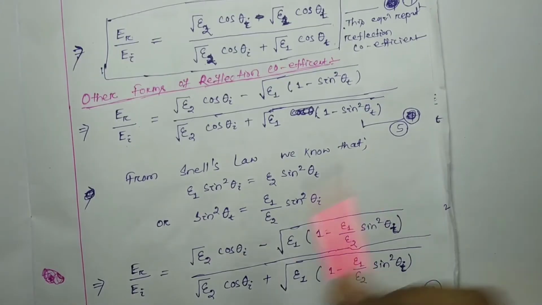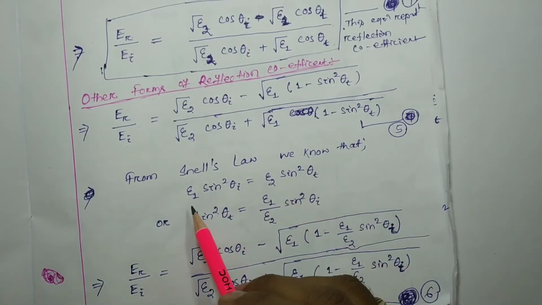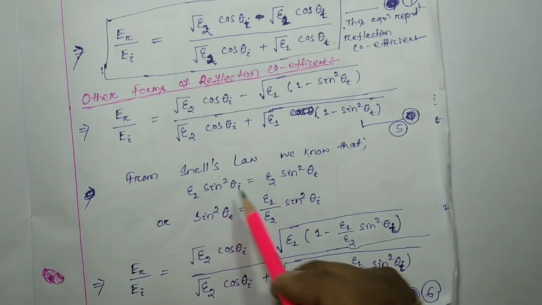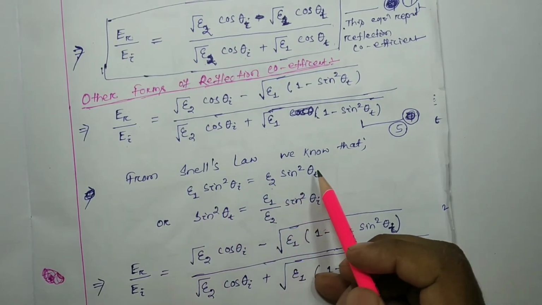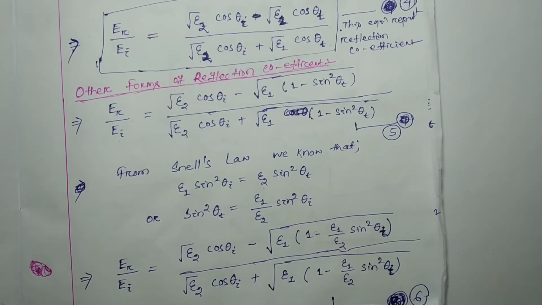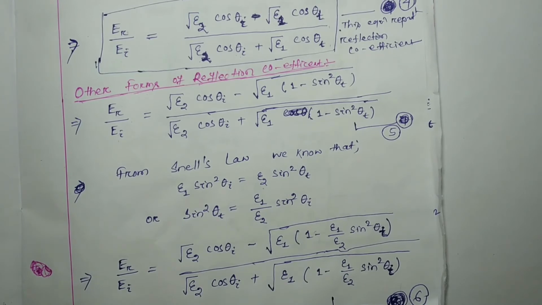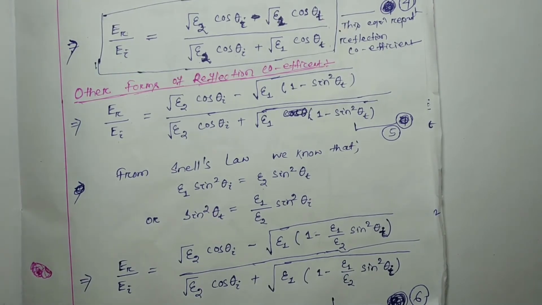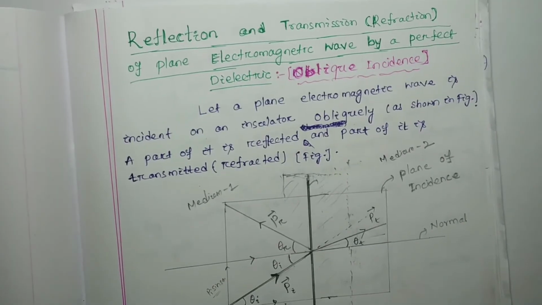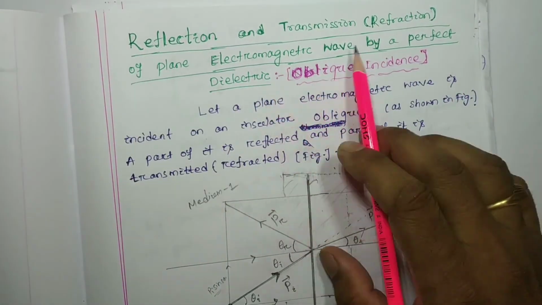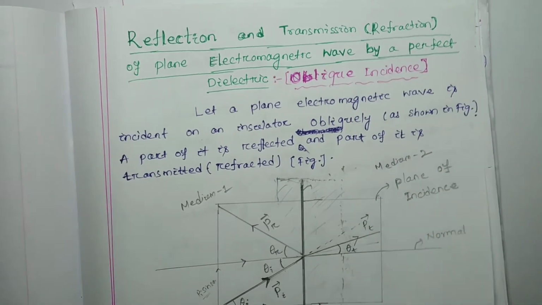And from Snell's law, we know that epsilon 1 sin square theta I equals epsilon 2 sin square theta t. In our previous class, we discussed these things. You can check your notes where we discussed oblique incidence.